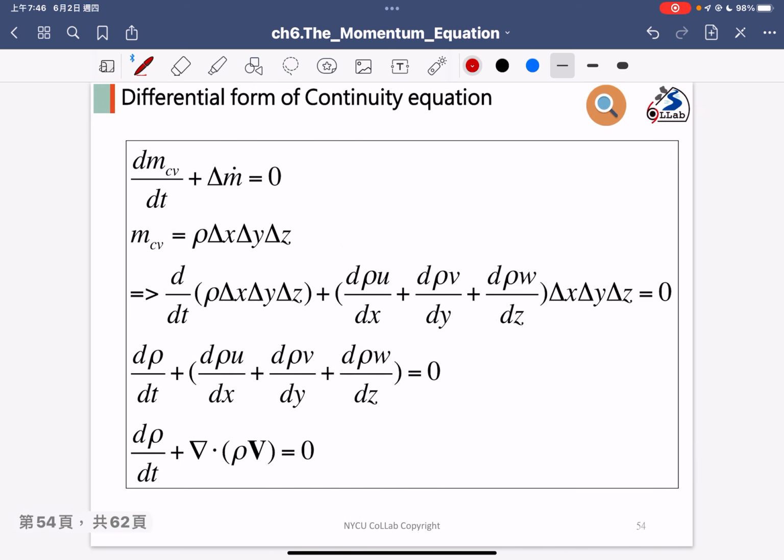Okay, so for the next one, I would like to introduce a little bit about the differential form of the momentum equations. So before that, I need to introduce the continuity equation, the differential form of the continuity equation.